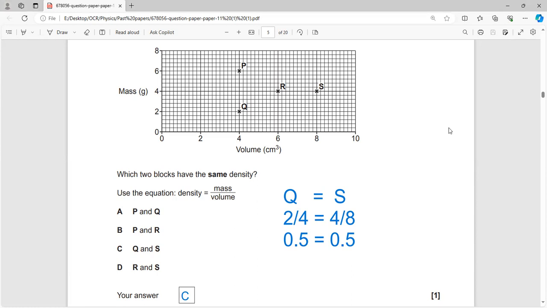In the same way, if you check the value of point S, along the x-axis there's 8 centimeter cubed of volume. Along the y-axis, the mass is 4, so 4 over 8, and the answer is 0.5. So these 2 points have the same answer. That's why they have the same density here. So our correct option will be C.